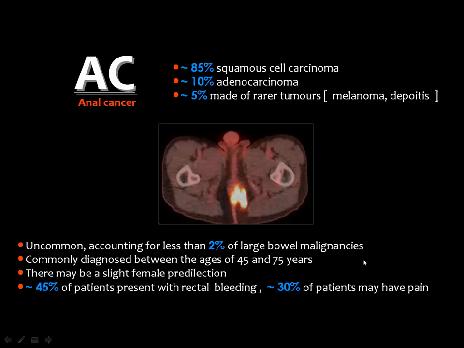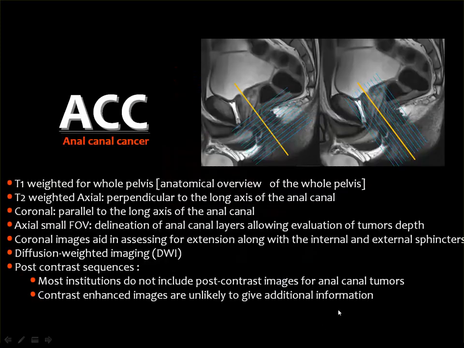Anal cancer is uncommon, accounting for less than 2% of large bowel malignancies. The age incidence is between 45 and 75 years, with a slight female predilection. About 45% of patients present with rectal bleeding. About 30% may have pain.